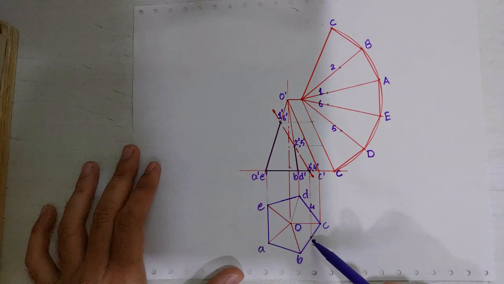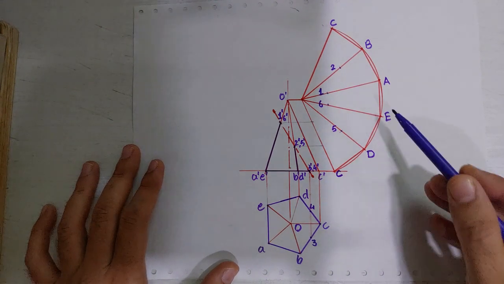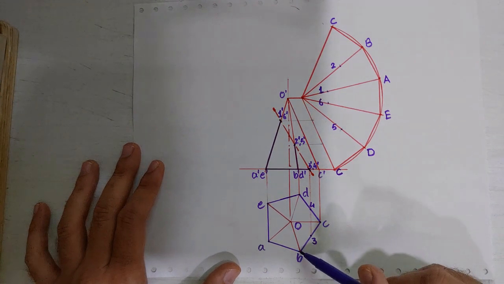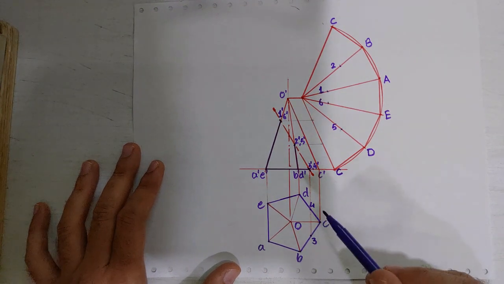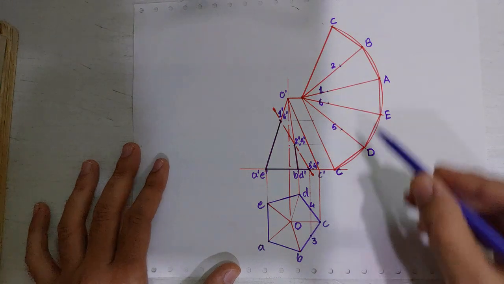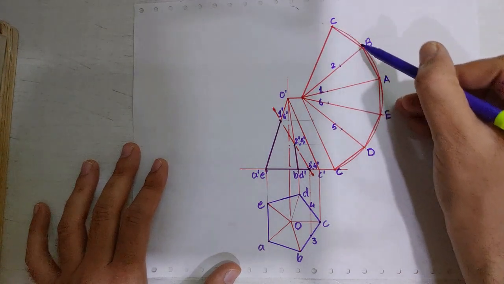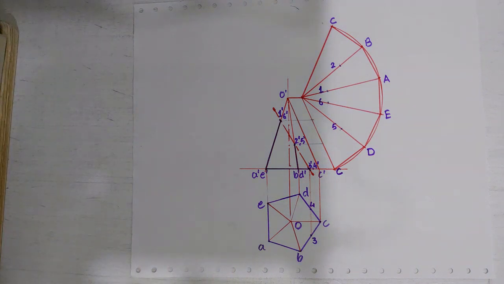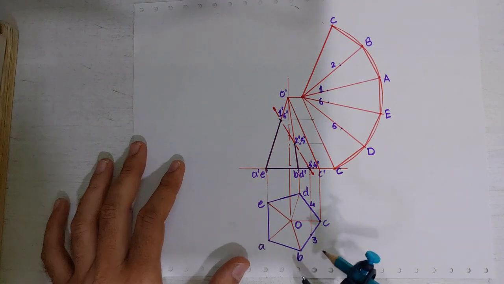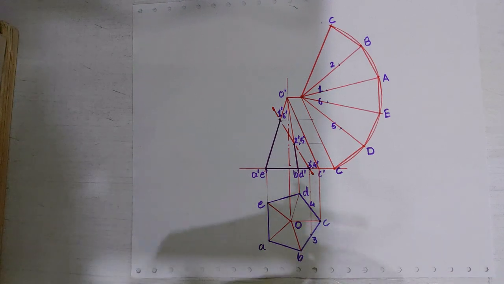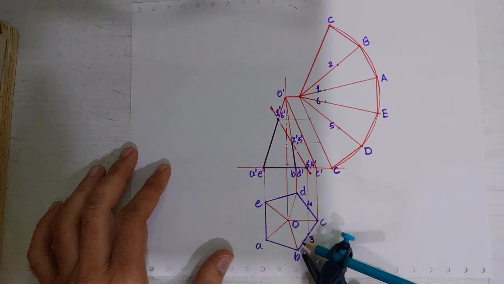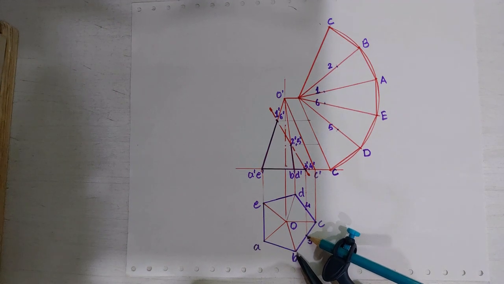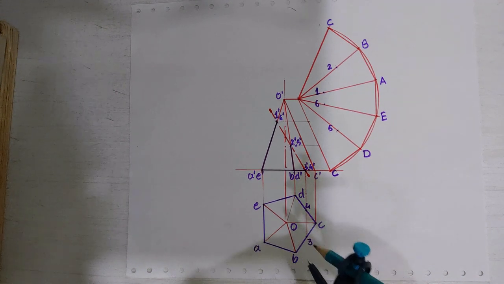So if we want to transfer point number 3 over here, we have to first observe on which base edge it is. So it is on BC. That means we have to transfer this point between B and C here. Now how to transfer it? Simply we have to use the compass. We will set point B as center and we will measure this distance B to 3, right?